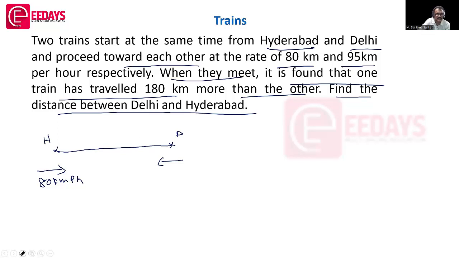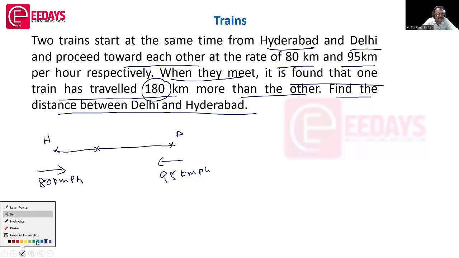One is 80 kilometers per hour, another one is 95 kilometers per hour. Both meet somewhere else. Then what happened? One train covers 180 kilometers more than the other. Suppose this is X. That is Hyderabad to reaching point, that is equal to X.